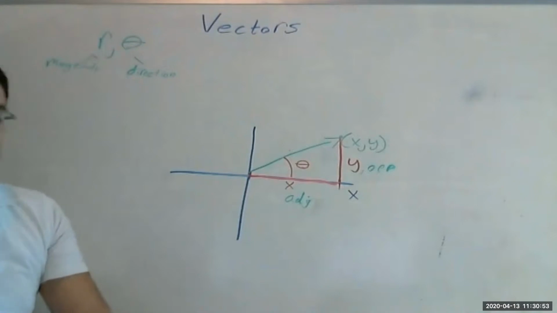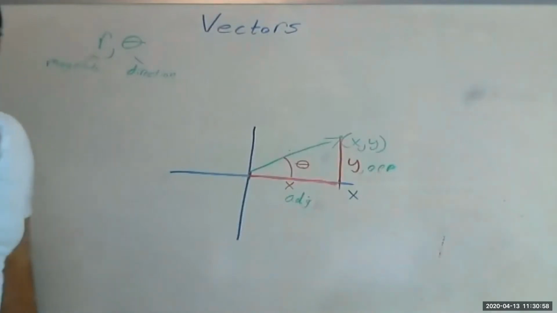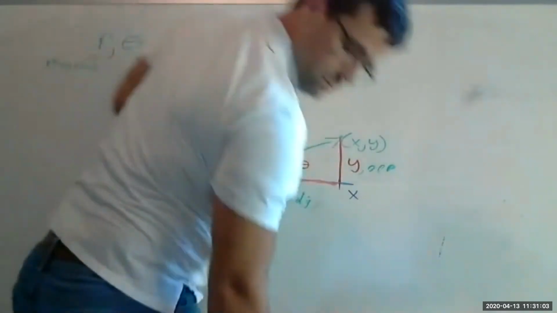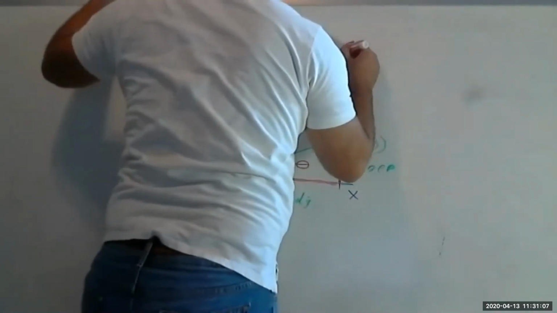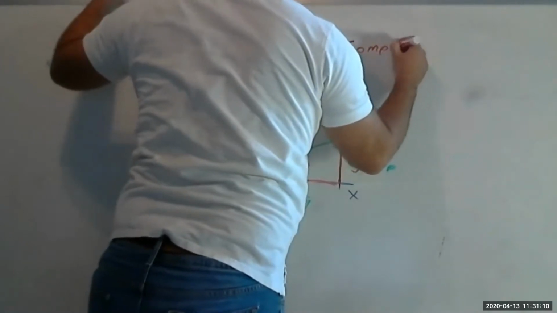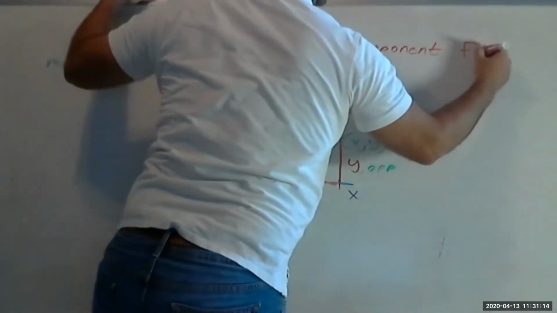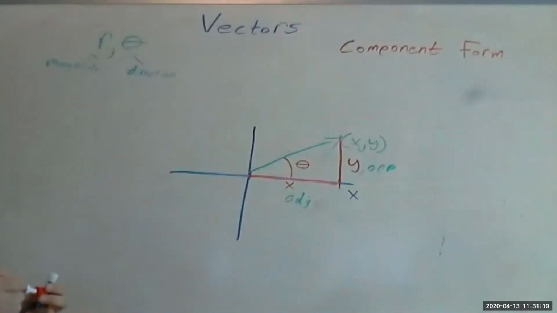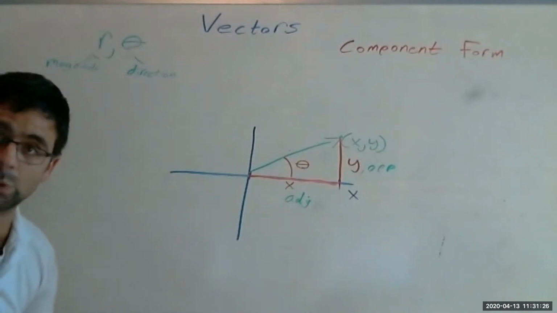There is also another way of talking about vectors, and that is what's called component form. I like component form because for the most part, it makes most of the math that I do easier.